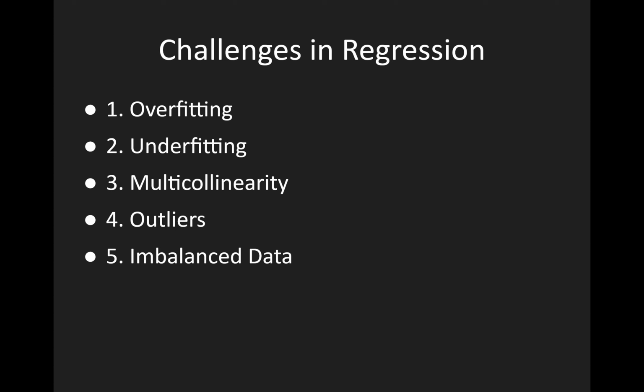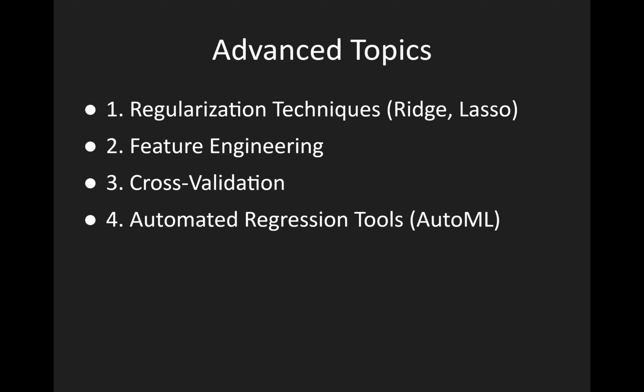And if we talk about advanced topics, first one is regularization techniques. So methods like ridge and lasso regressions to prevent overfitting by introducing penalties. Then is feature engineering, which is creating, selecting, and transforming features to improve the model accuracy.